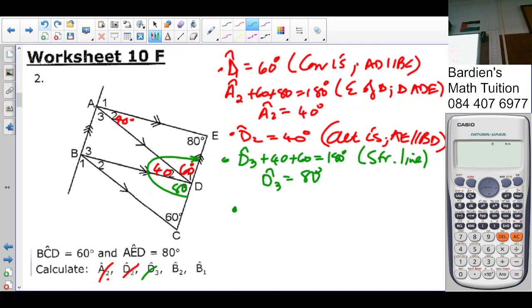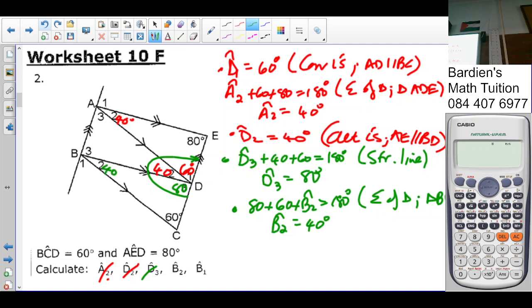So sum of triangles: 80 plus 60 plus B2 is equal to 180, and that is triangle BDC. So B2 works out to be 40.